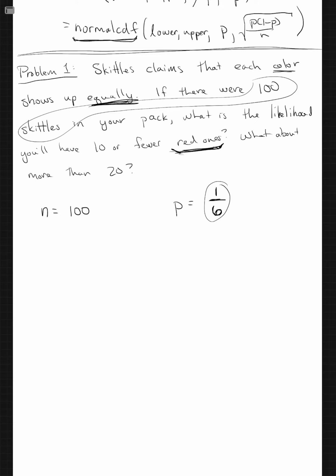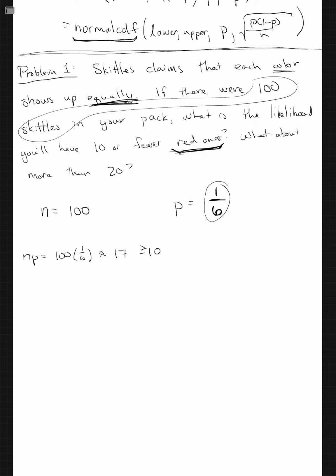So we need 100. Let me lay this out. We want N times P, which is 100 times 1/6, which is approximately 17.